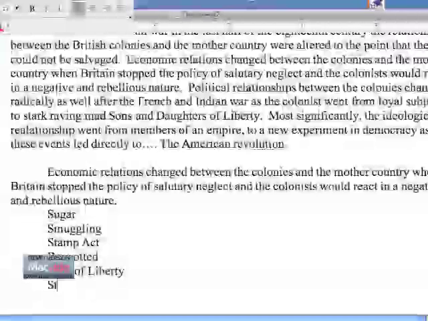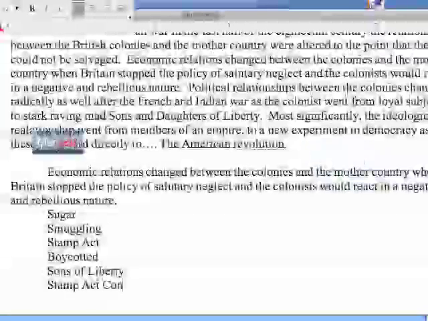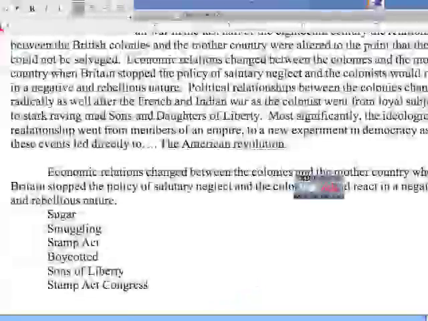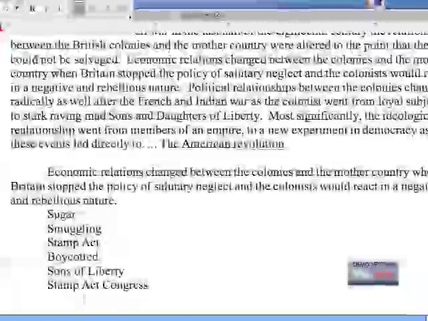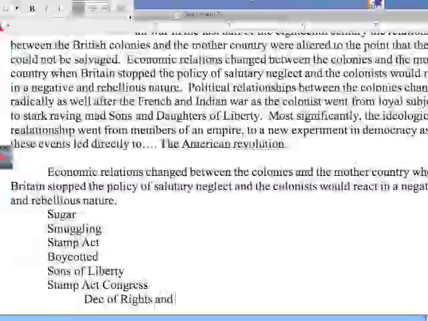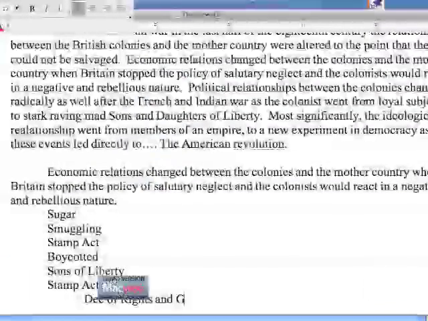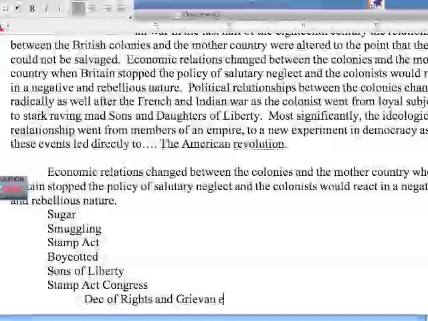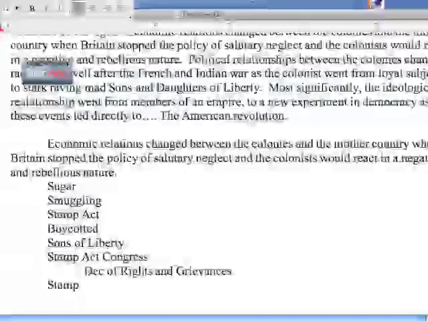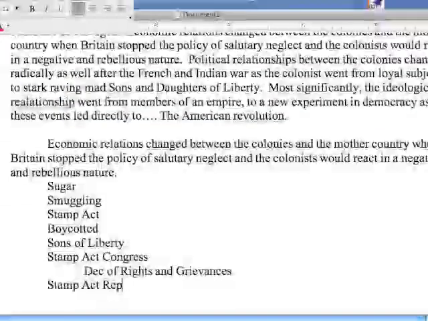We know that the Stamp Act Congress formed for the first time, bringing just about every single colony together to protest this. And we know the Stamp Act Congress issued things called the Declaration of Rights and Grievances, if I can spell it correctly. And we also know that the Stamp Act was repealed because nothing was being collected.